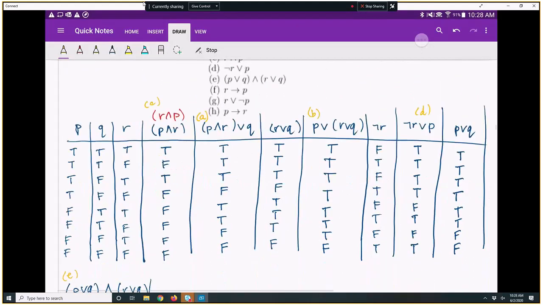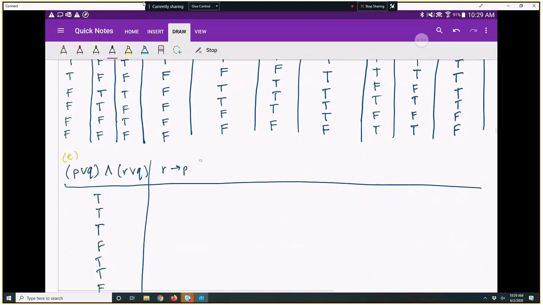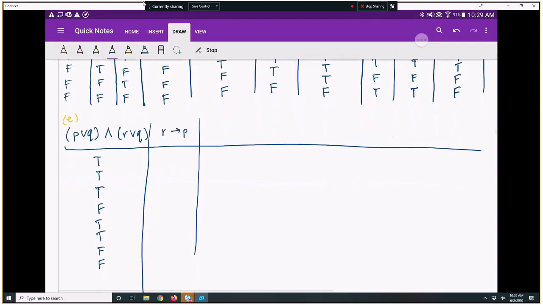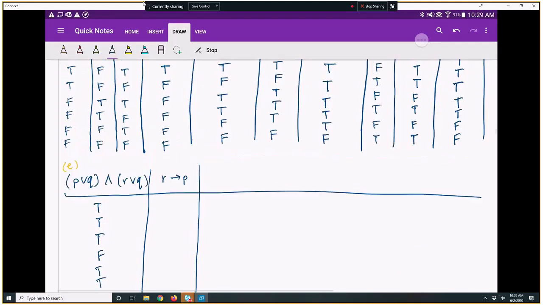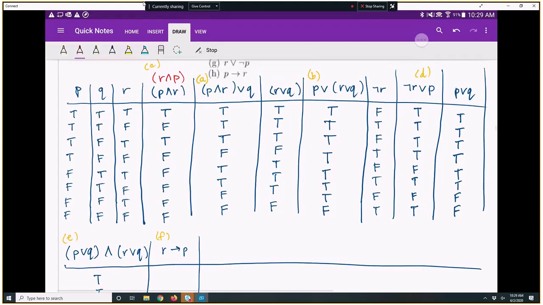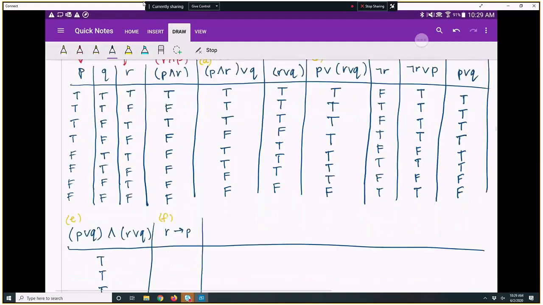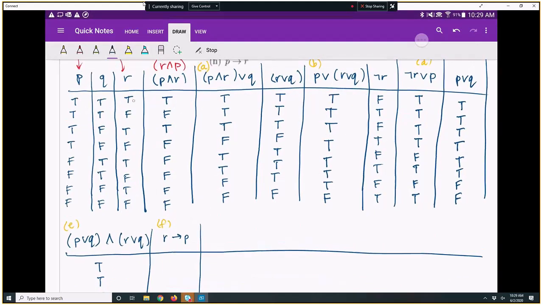F is R implies P. So I can just use the columns for R and P. So looking here at R and here at P. R implies P. So I have in the first row, true implies true, that's true.